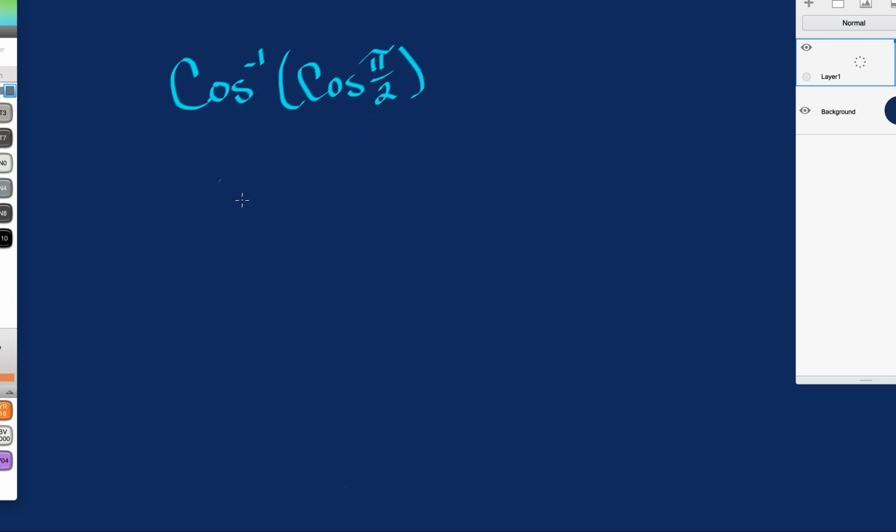And then you can use the unit circle for this, right? Pi over 2, the x value is 0, right?